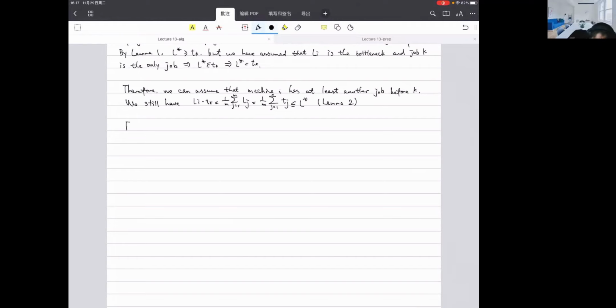And furthermore, we are going to use lemma 3 here. Using lemma 3 is the place where we get a better understanding of what Tk is.